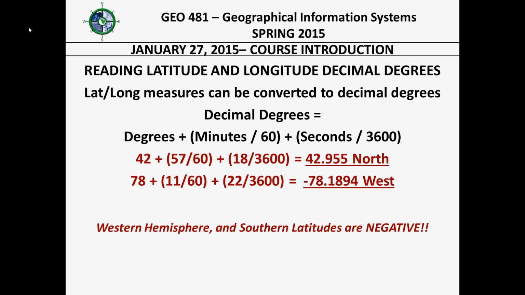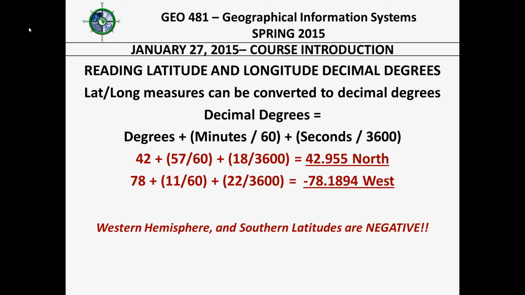I will ask you to convert one way or the other. So here, there's 60 minutes in a degree. So if the original was 57 minutes, you do 57 divided by 60. So taking a simpler set of numbers, if it's 42 degrees, 30 minutes, you would divide 30 by 60, because 30 is half of the 60 possible minutes, so that would become 42.5.